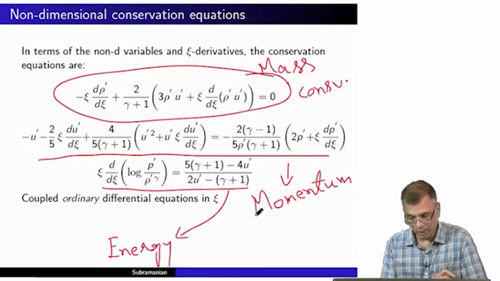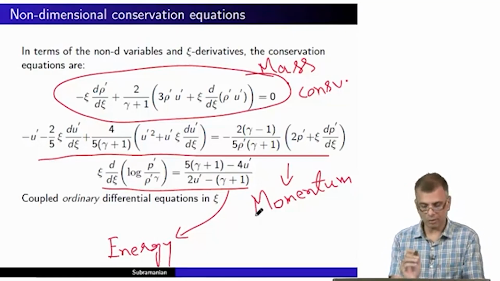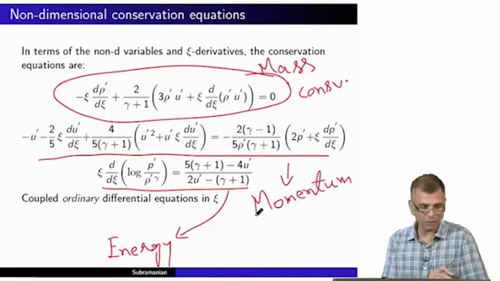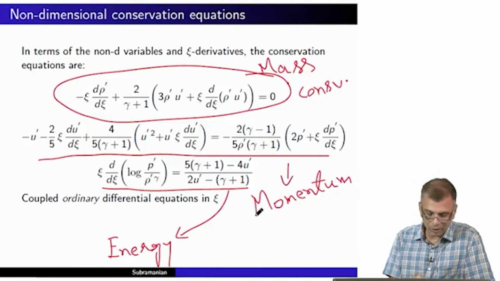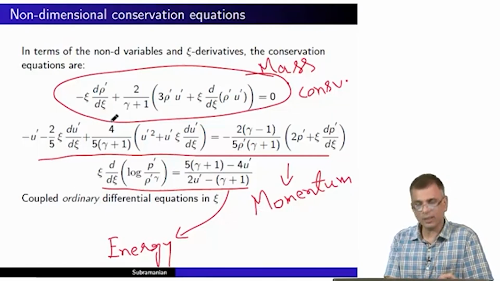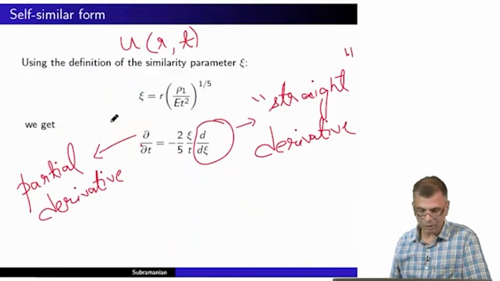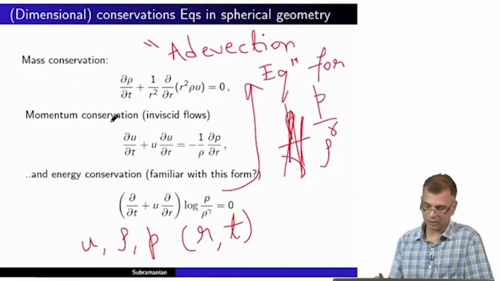Okay. Now, the main thing to note here, this is not just to give you a whole bunch of mathematics, but the main thing to note here is that earlier you had a set of coupled partial differential equations, PDEs.